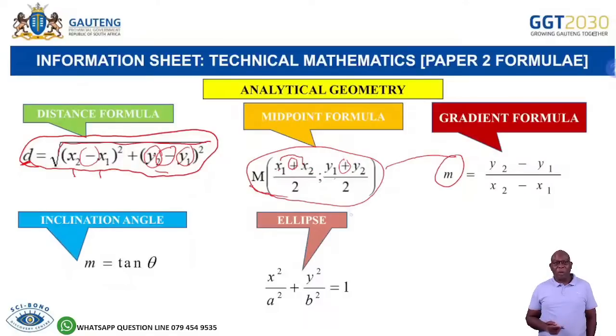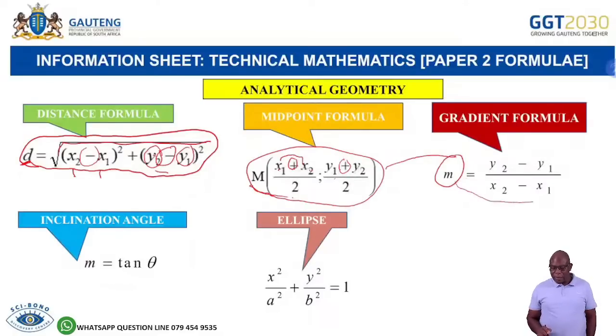The only challenge is when I'm subtracting. You must know that 2 times 3 is the same as 3 times 2, but 2 divided by 3 is not the same as 3 divided by 2. So with division, it does not work. Right, so in this case, you have x1 plus x2 over 2, y1 plus y2 over 2.